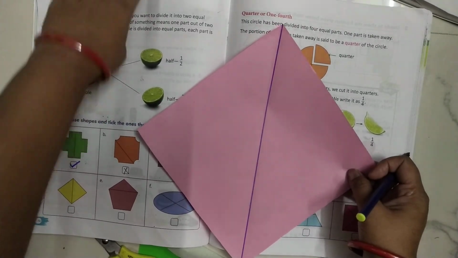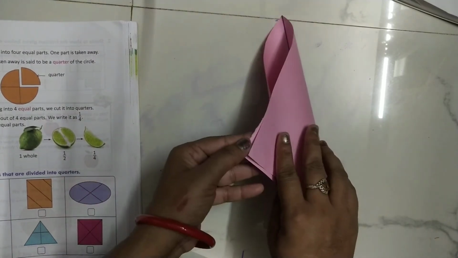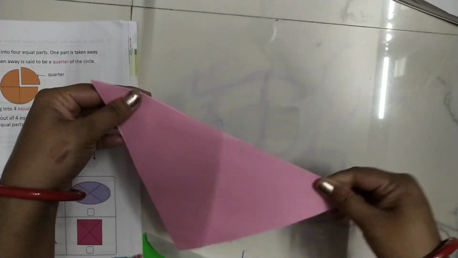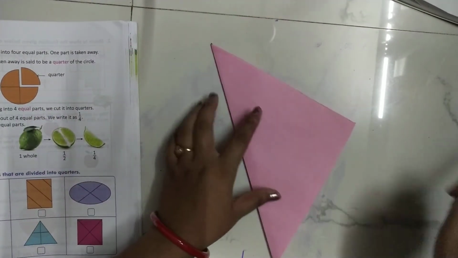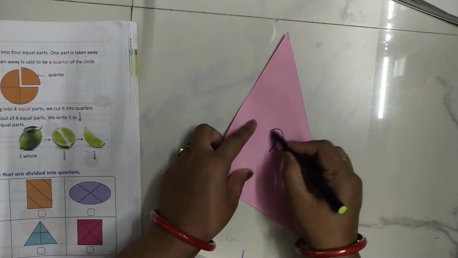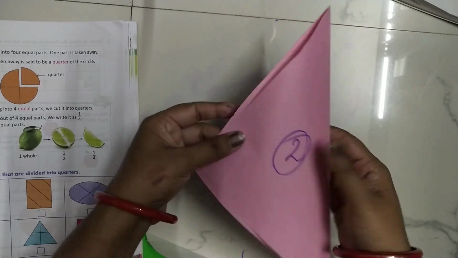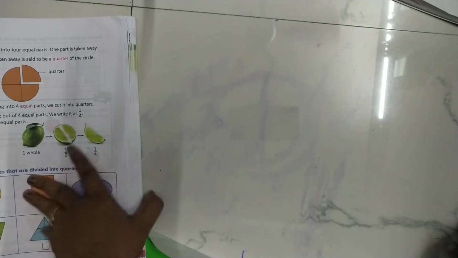Fold it from the between. When I fold it, we get that both parts are equal, part 1 and part 2, so they are 1/2. Yes or no? Yes. So take it.